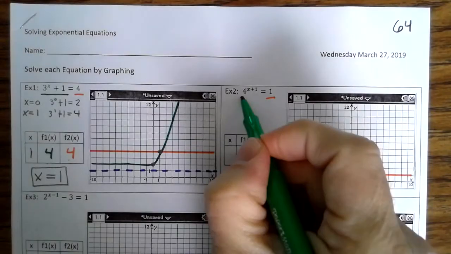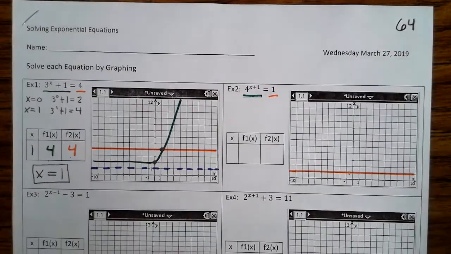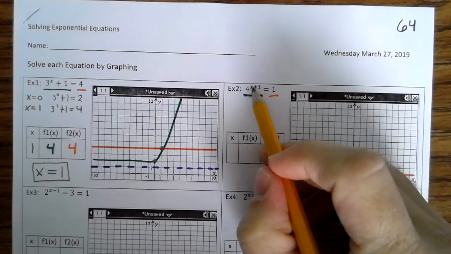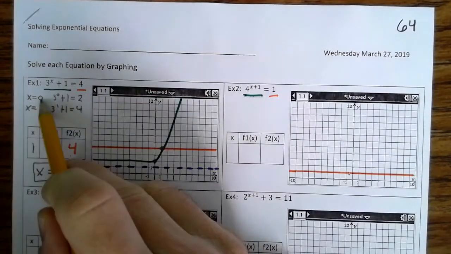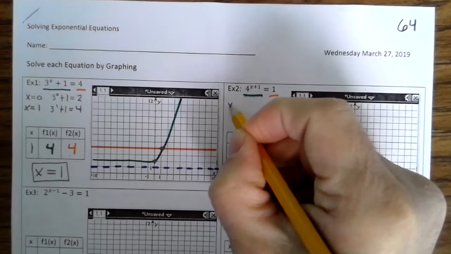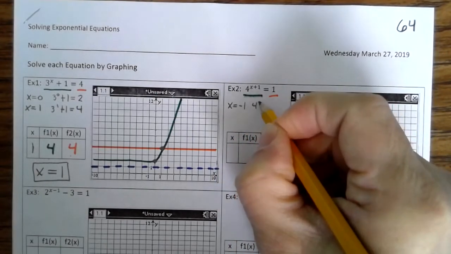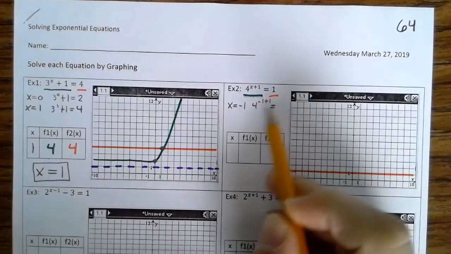Now, I think that the best value to start with would be when x is -1, because -1 plus 1 is 0. So when x is negative 1, that's 4 to the negative 1 plus 1. Well, that's 4 to the 0, which equals 1.